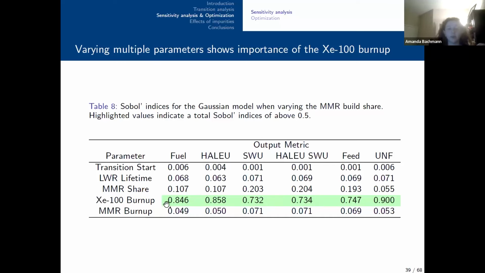And we see that when we're changing the MMR share, the XE100 burnup is the driving factor for basically all the changes in each of these variables. That really highlights the importance of the burnup and the design characteristics of the reactors you're deploying in each of these transition scenarios. For each of these, it's above 0.5, even up to 0.9. So this is a really, really impactful parameter on your material requirements. That burnup's really important.